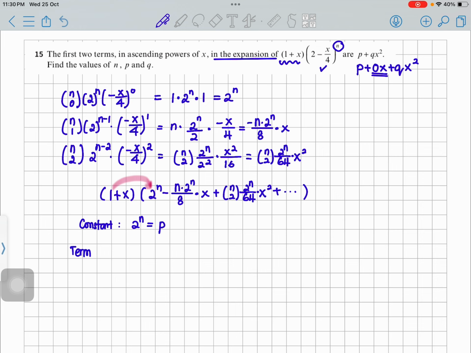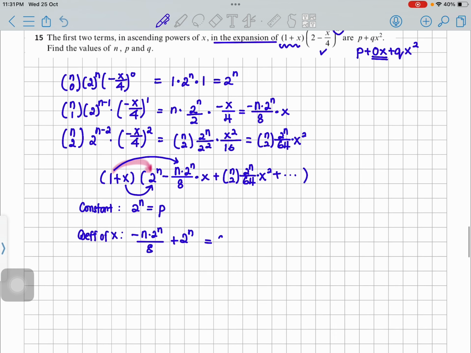So I still need the x term. So what are the terms in x now? Let's write. I will take the 1 and multiply with this, and I can take the x and multiply with this. So that will give me negative n 2 power n over 8, and then plus 2 power n. So instead of terms, I'm going to just write coefficient of x because it's easier to deal with. Okay, and this whole thing is equal to 0.